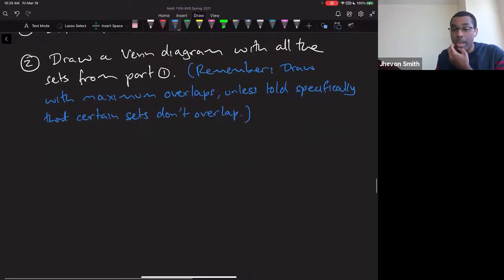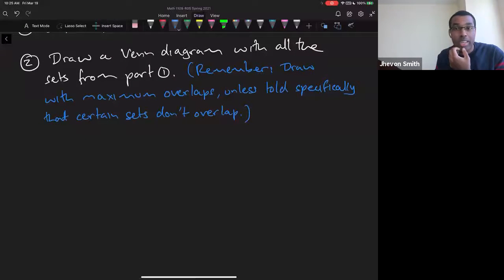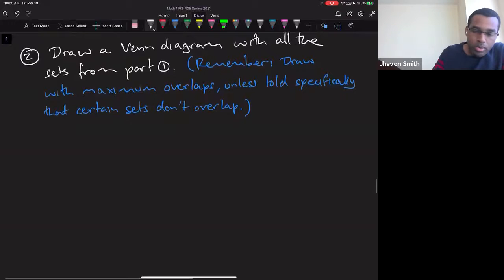You'll never be wrong by drawing too many overlaps, but you can potentially be wrong by not drawing an overlap. So I would be careful with that.